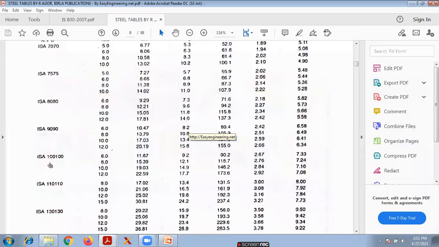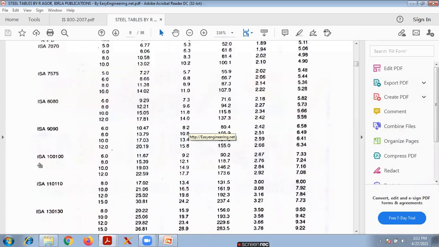If I take an angle section 100 by 100, nearer to this value is 19.03 cm², that means 1903 mm², with a plate thickness of 10 mm. For 6 mm the area is 11, for 8 mm it is 15, for 10 mm it is 19. If you take 12 mm thickness, the area is 22.59, but the suitable one nearer to the required gross area is 19.03.